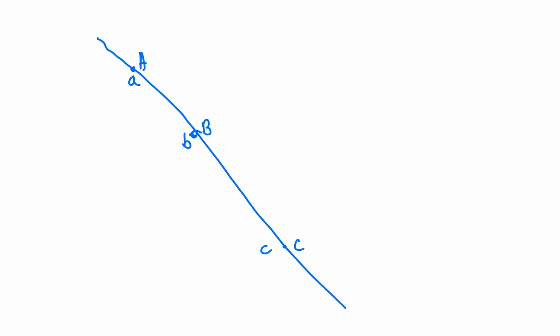So a lot of problems will ask you to prove that 3 points are collinear. And if you have all the complex numbers corresponding to those points, how do you tell if they're collinear? Let's just say we want to prove that A, B, and C are collinear, and we have their complex numbers. It's true if and only if A minus B over A minus C is a real number.